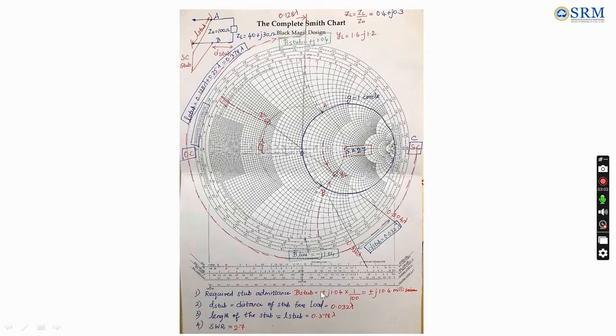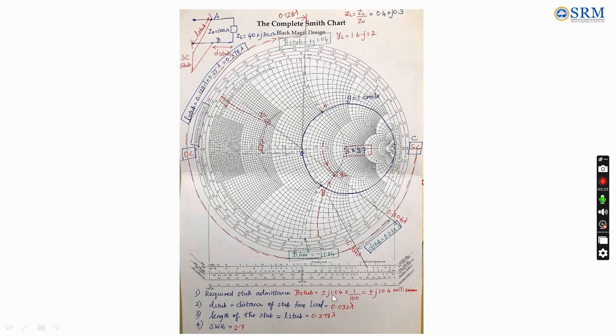Stub admittance, as I told you earlier, usually we will select the stub admittance, either plus or minus j, because we are choosing closer to the load admittance, hence only this distance. It can be away from the load, larger distance also, but the preferred design is closer.